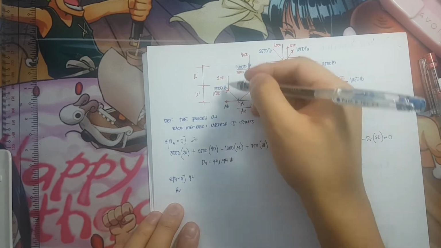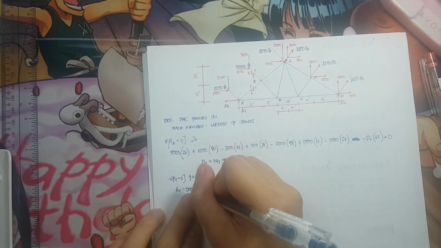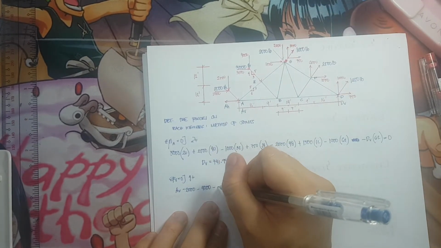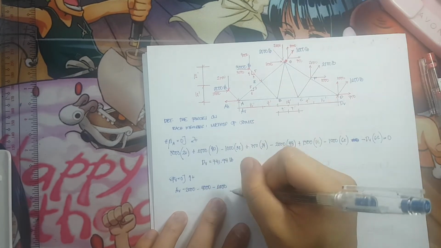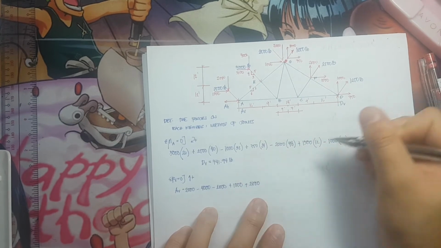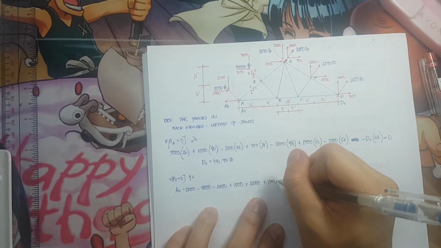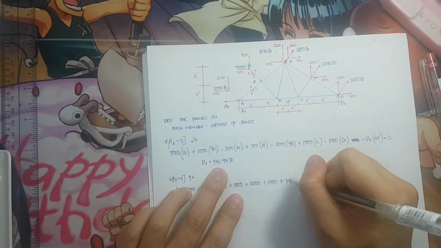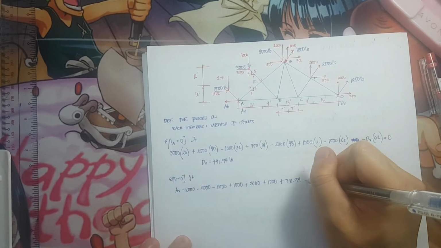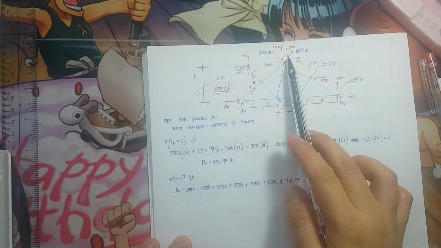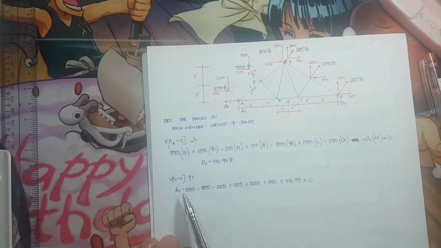So that is plus minus 2,000 minus 4,000 minus 2,000 plus 1,000 plus 2,000 plus 1,000 plus the vertical of 741.94 equate that to 0. So 1, 2, 3, 4, 5, 6, 7, 8.